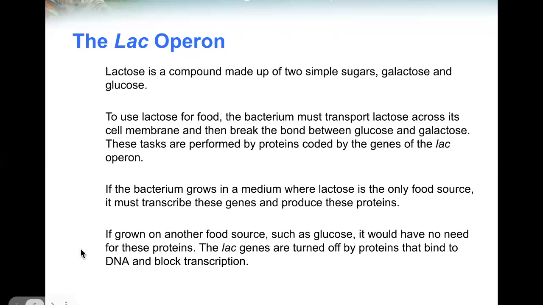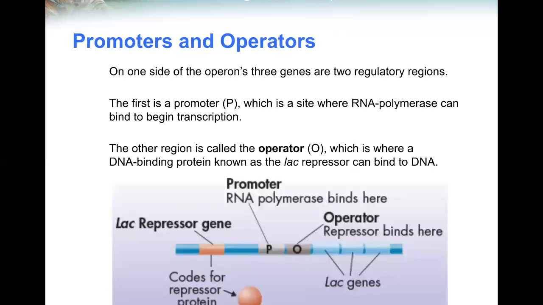The lac genes are turned off by proteins that bind to DNA and block transcription. On one side of the operon's 3 genes are 2 regulatory regions. The first is a promoter, P, which is a site where RNA polymerase can bind to begin transcription.